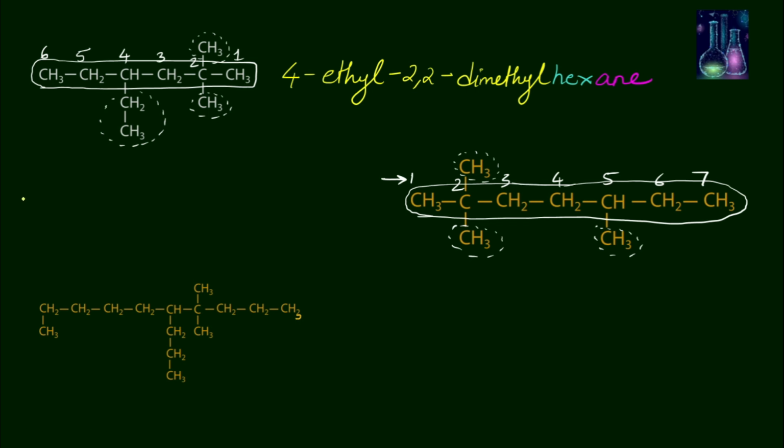2, 2, 5. Why am I writing 2 two times? Because there are 2 methyl groups on the same carbon, the 2nd position. So 2,2,5 hyphen trimethyl, then you have 7 carbons in the main chain.